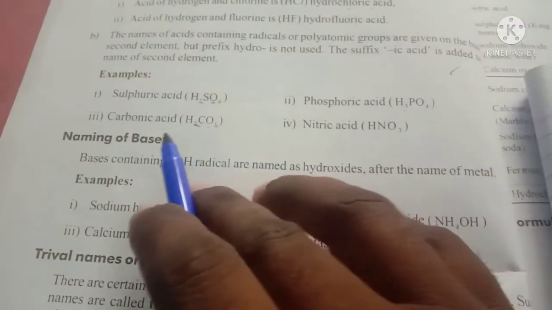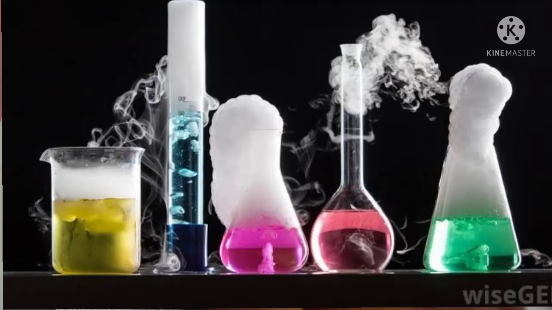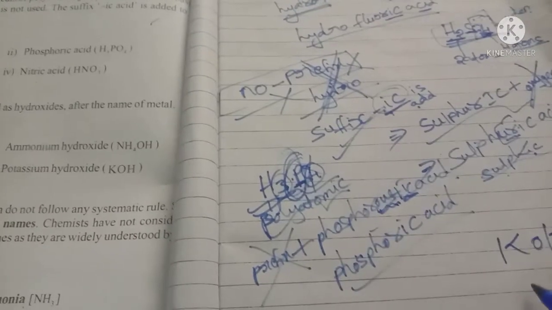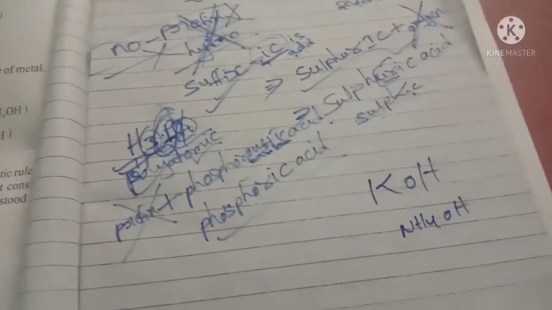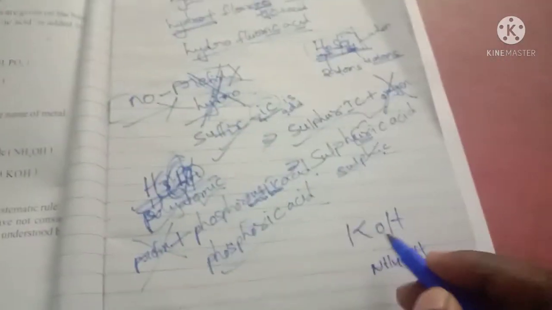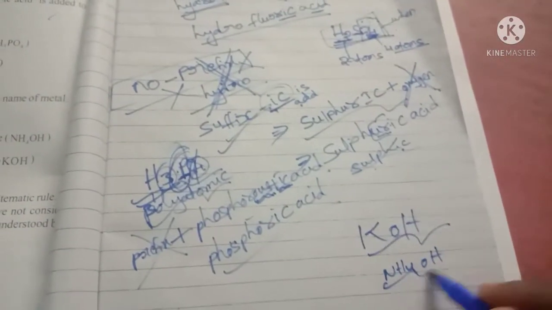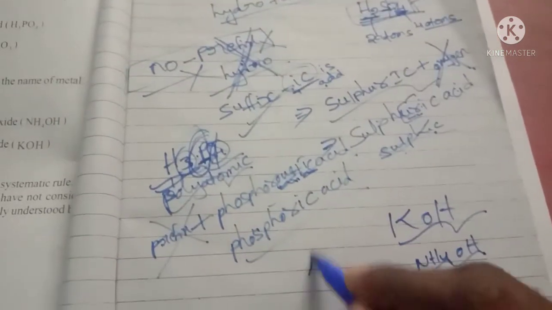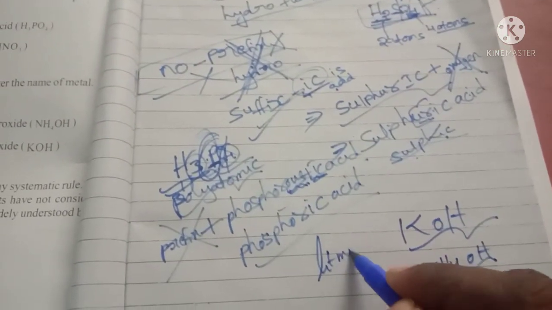Children, see here, naming of bases. What is a base? If I give you some KOH or NH4OH, first of all you need to know whether these are bases or acids. How will you test? Using litmus paper.